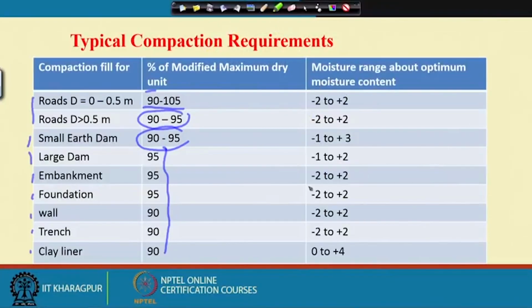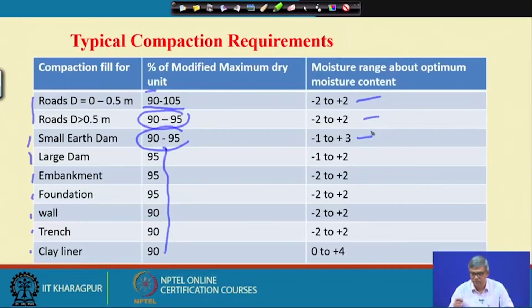Similarly, there is also a moisture content variation. You may get in the laboratory 15.2 percent water content at maximum dry density, but in the field we will not be able to achieve that exactly. In that case, we have to put some range. That maximum permissible range for different work is given: for the small earth dam it can be -1 to +3%, that means 1% less than optimum and 3% more than optimum.